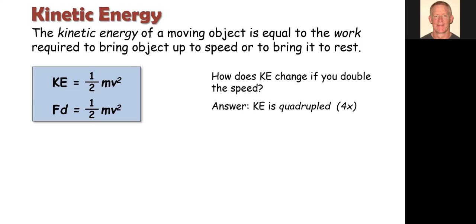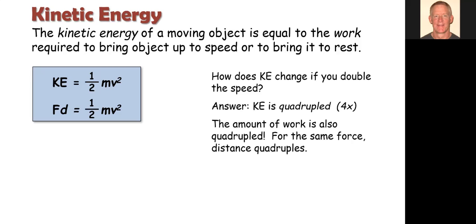And the answer is that it would be quadruple. Remember, we're squaring the velocity. So if we double the speed or velocity, we quadruple the amount of energy. And therefore, if we quadruple the amount of energy, it also takes 4 times as much work to either speed the car up or to slow it down.